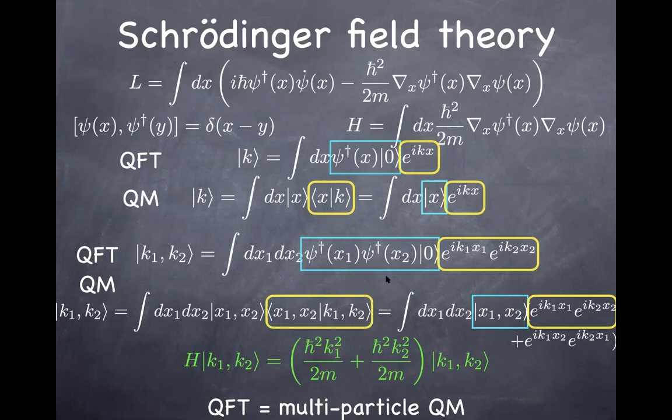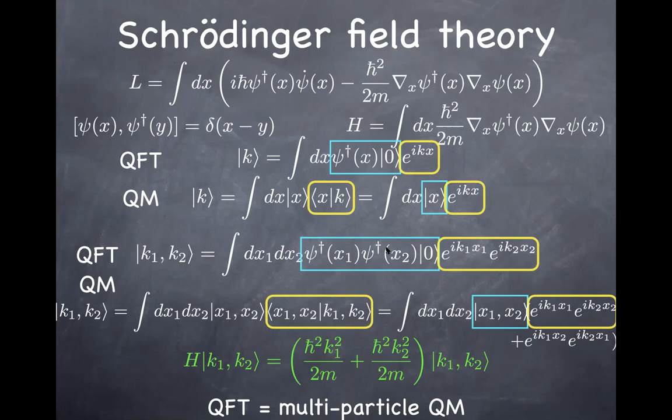Yeah, so that's an excellent question too. If x1, x2 are not symmetric on the interchange, then you are not talking about identical particles. You're talking about two different kinds of particles, like an electron and a proton instead of two electrons, right? In that case, you need to introduce a separate field for different particles.